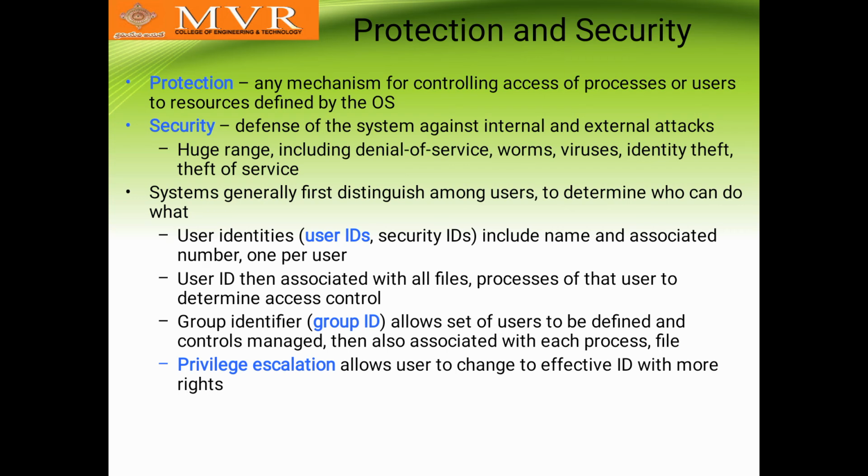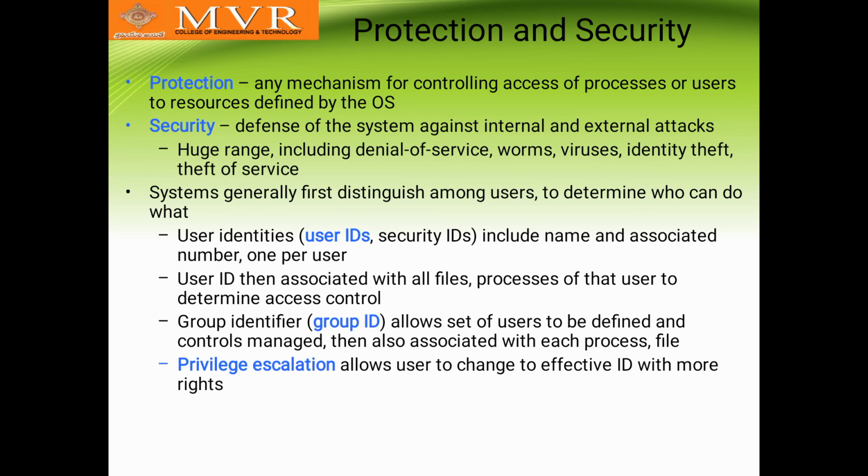Systems generally first distinguish among users to determine who can do what. Users are identified by user IDs and security IDs. The user ID is then associated with all the files and processes of the user to determine access control.